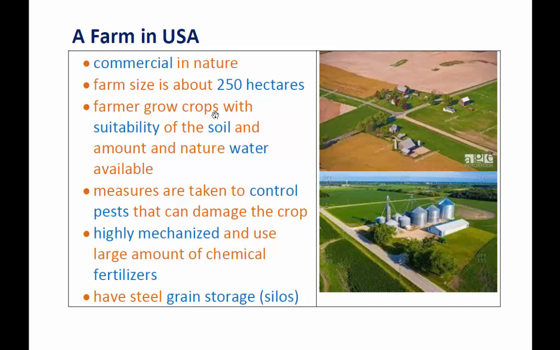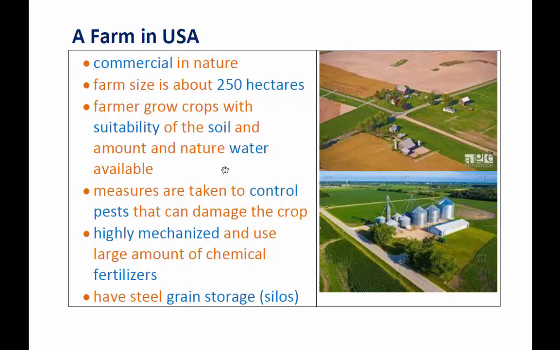And farmers grow crops according to the suitability of the soil and the amount and nature of water available. So the farmers are usually educated, and they take up farming in a very scientific method.